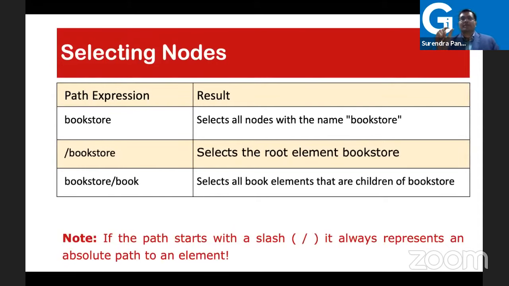You can simply write the bookstore name and access that specific node. If you want to select the root element, you can say /. If you want to access an element as a child of the bookstore, you can say bookstore/book. This is like accessing step by step: under the bookstore, there is a book. What you see here is a path expression.